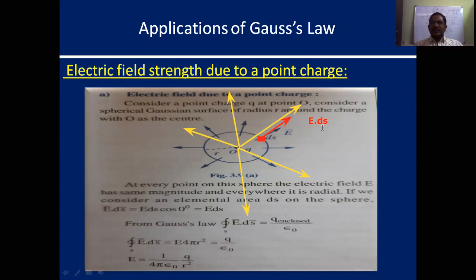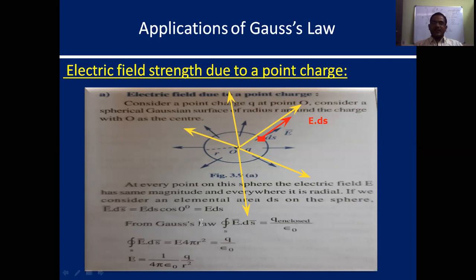Since theta is 0, E bar dot ds bar equals E ds cos 0, then you will get E into ds. This is the flux through the small area element. But the total flux through this entire surface is given by integrating this. So to get the total flux phi, we should integrate E bar dot ds bar.